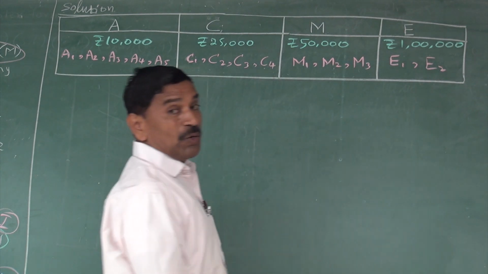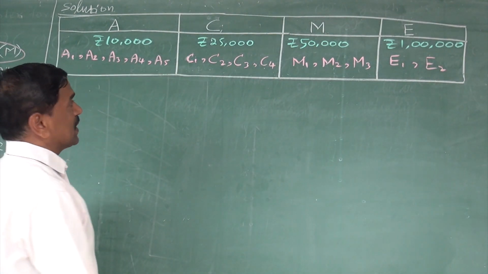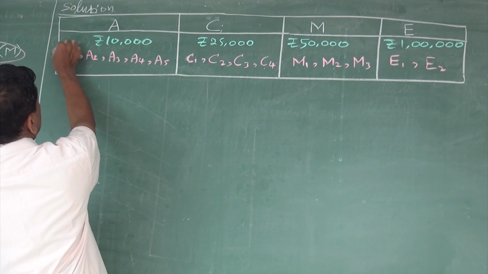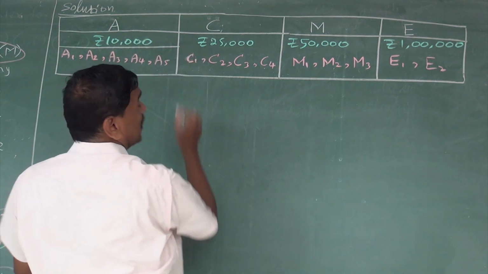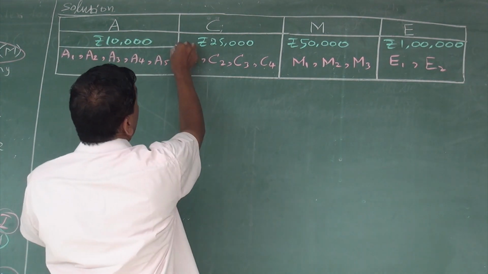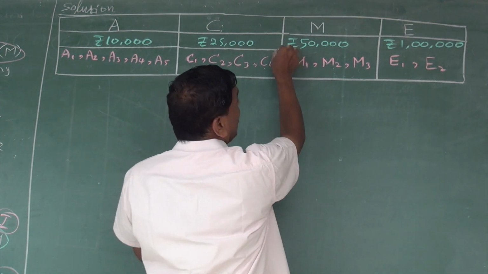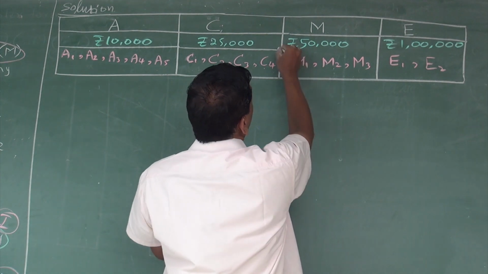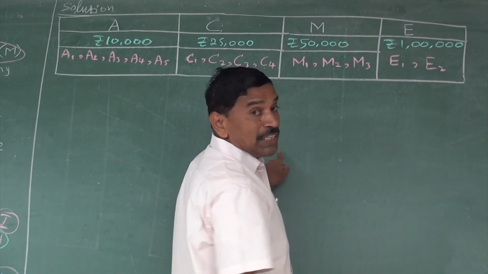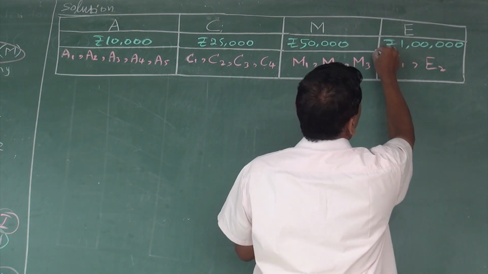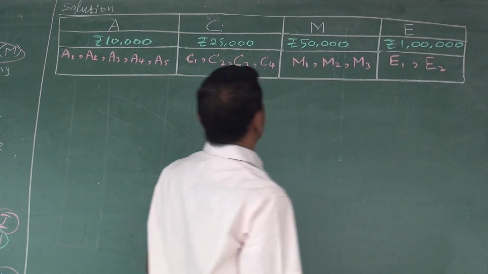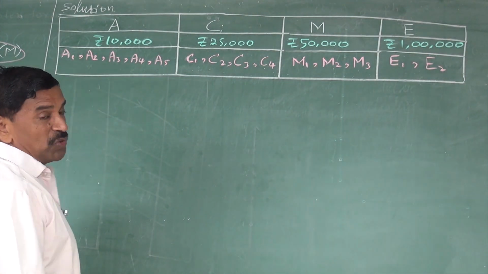What is the second row? Yes, their respective salaries. Assistants get rupees 10,000, clerks rupees 25,000, managers rupees 50,000, executive officers rupees 1 lakh. Okay, the table is ready.